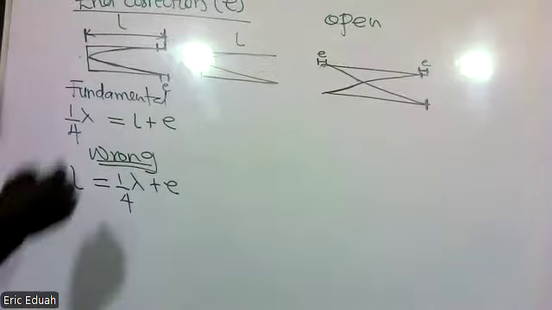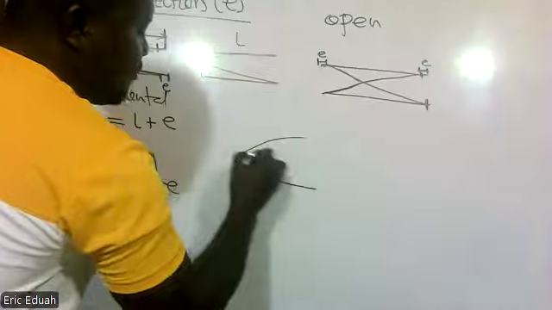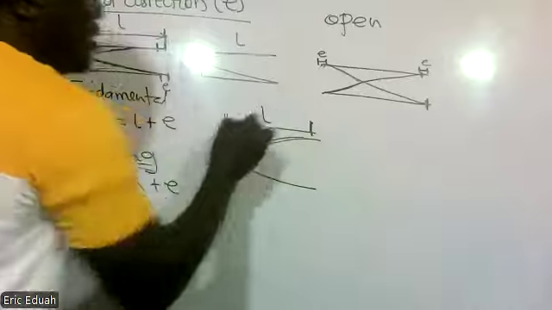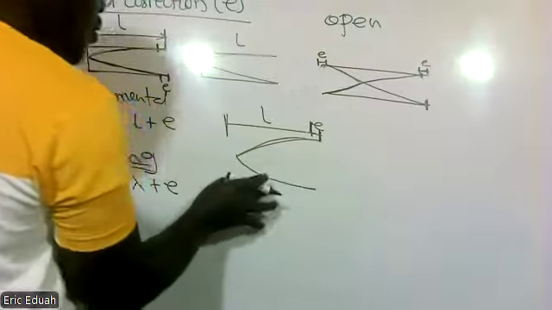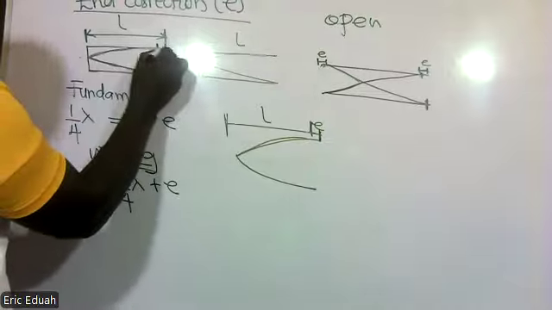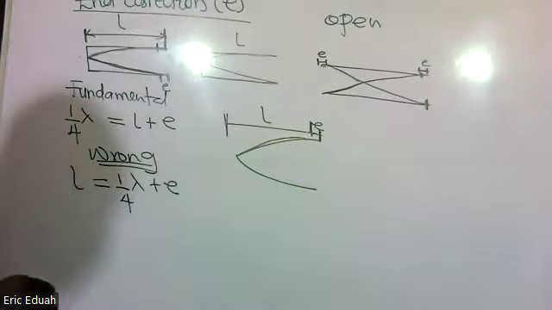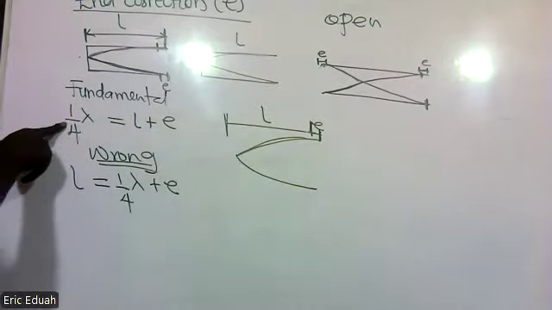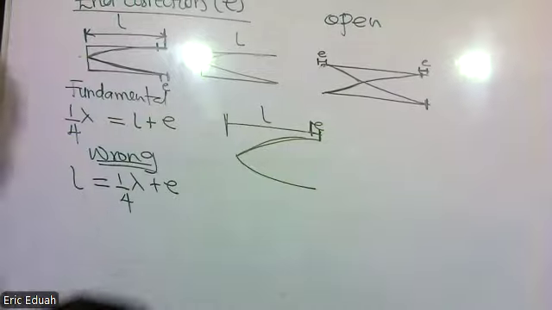This is wrong because the stationary wave is a little bit longer than the length. So it is the length plus that little end correction, which is equal to the quarter wavelength. The wavelength is the whole of this, starting from the closed end to where the stationary wave is going beyond its open end. So take note.